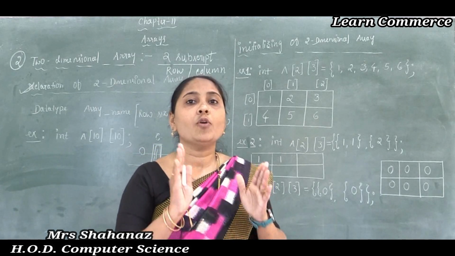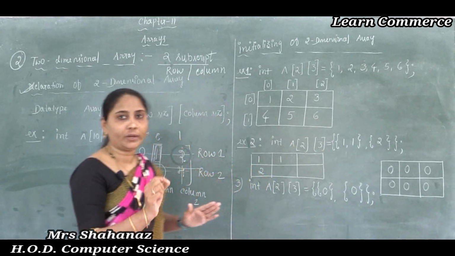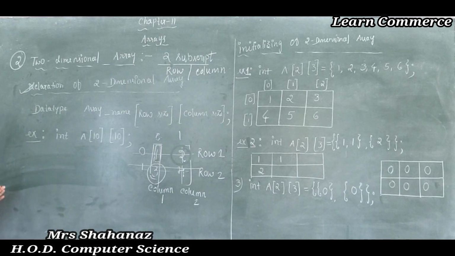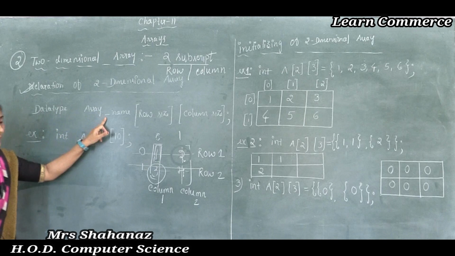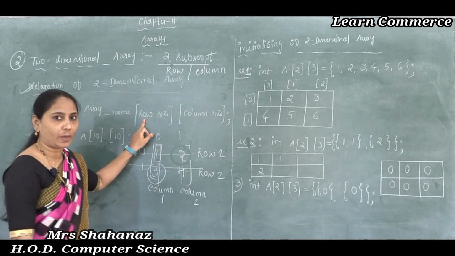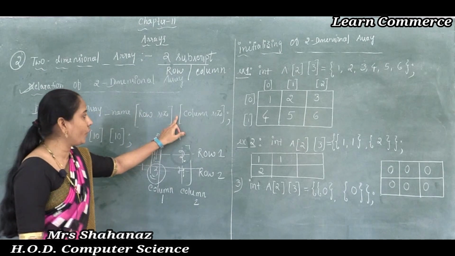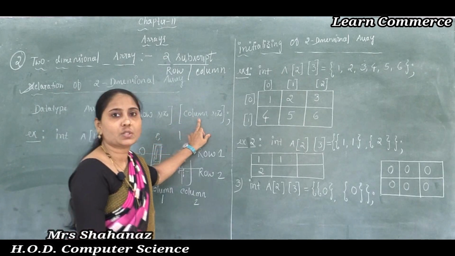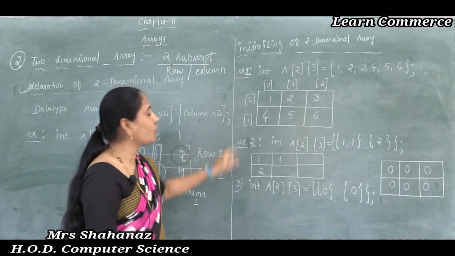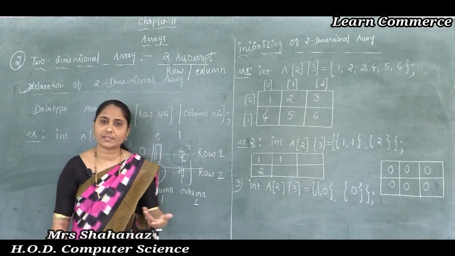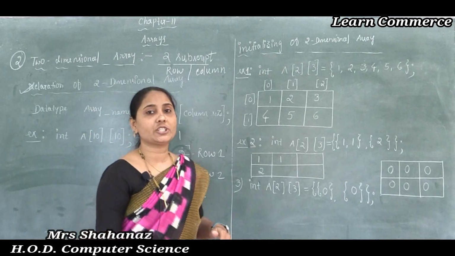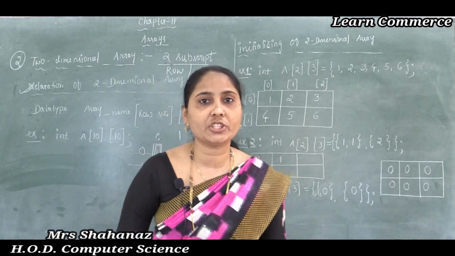Now the full explanation of each point. Again I want to repeat the declaration: data type, array underscore name, opening square bracket, row size, closing square bracket, opening square bracket, column size, closing square bracket, semicolon. As we know, this is called the declaration of a two-dimensional array.